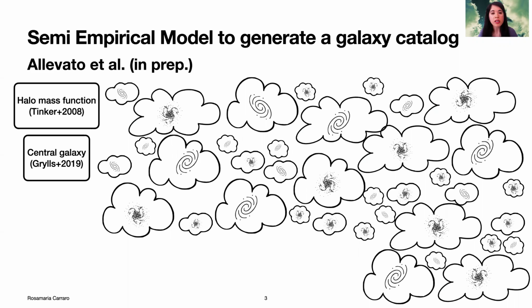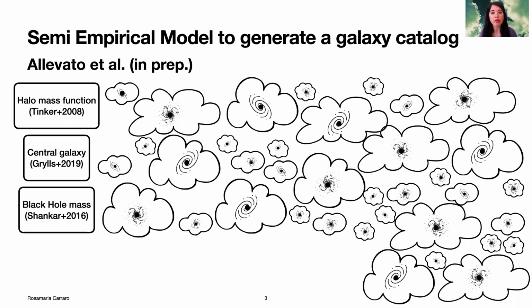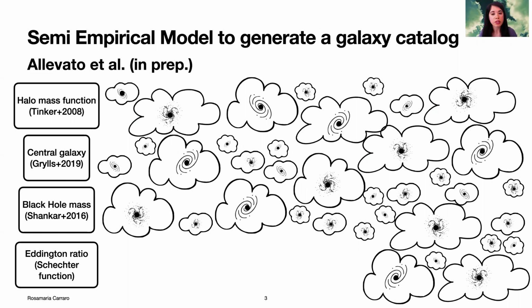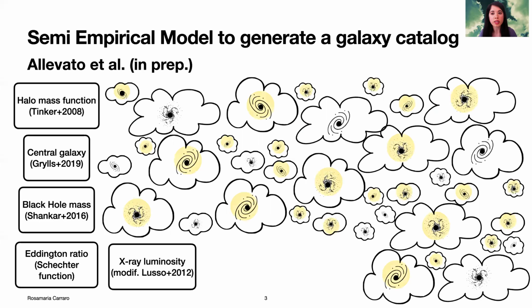Then to each galaxy, we assign a supermassive black hole through a scaling relation between the stellar mass and the black hole mass. Then, through an Eddington ratio distribution and a bolometric correction, we determine an X-ray luminosity in the 2-10 keV band. Finally, with a duty cycle, we determine which black holes are active and which ones aren't.